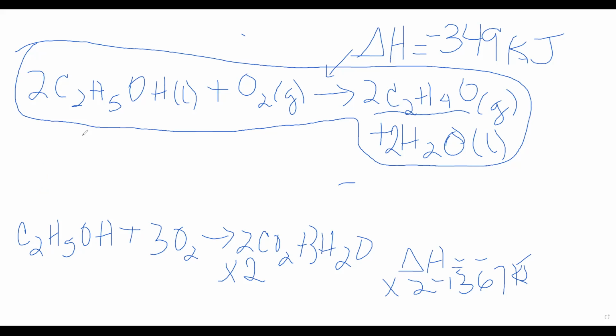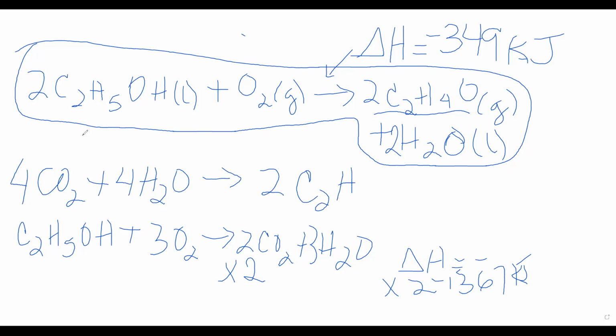I've got the wrong one. Okay, so 4. Let's see, just erase. That's all I want. All right, 4 CO2s, right? We knew that. That was already there. Plus 4 H2Os. That was already there. But it was on the other side. Yields 2 C2H4O plus, and the one that was already here was 5 O2.